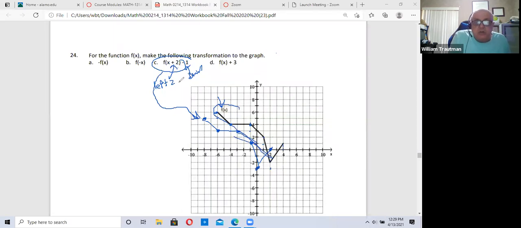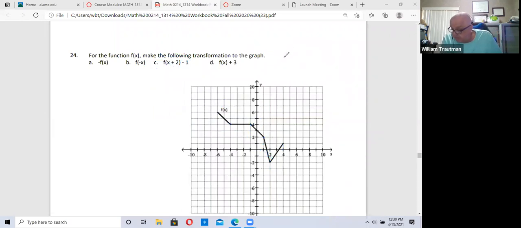And they're going to then tell you a function, go down 1 to the left 2 with every dot and find a graph that matches that. So it doesn't matter what the function is. Each spot, like on a corner or an edge, needs to be transformed so you can draw the new picture. And you can select the correct graph. It's multiple choice, so all you had to do is select the correct answer.